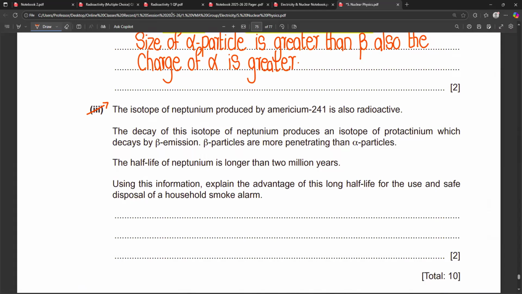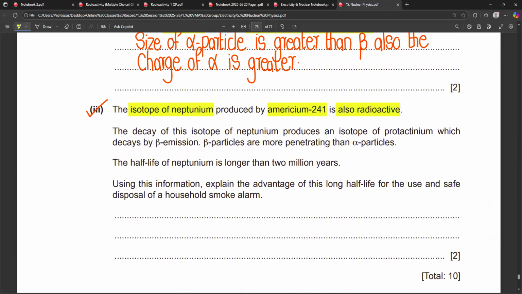Okay, if we continue with this third part of the question that we left because of the half-life concept. Now in this question, the isotope of neptunium produced by americium-241 is also radioactive.